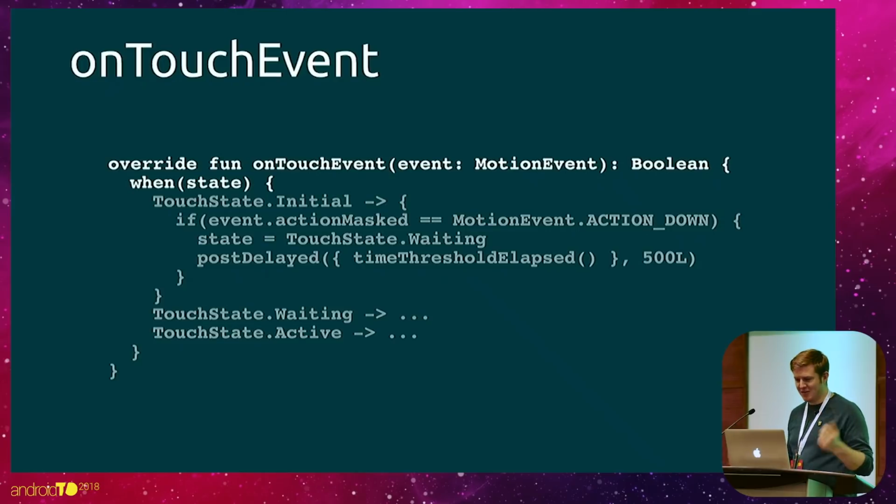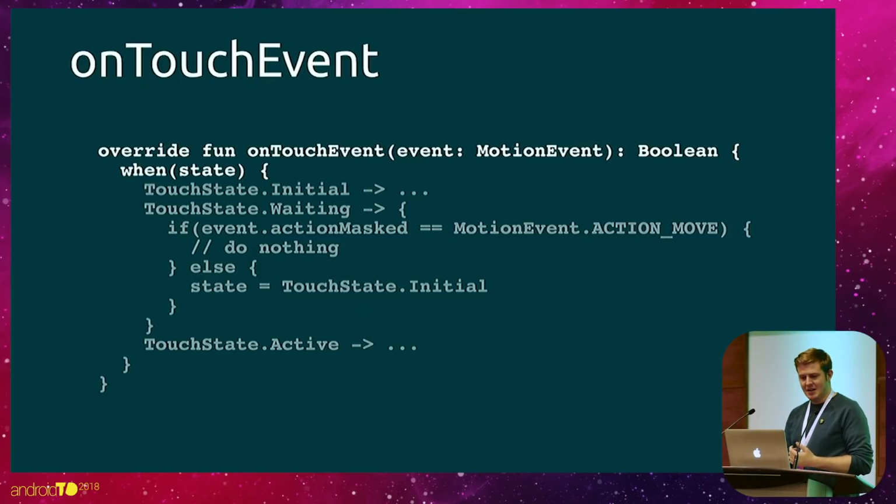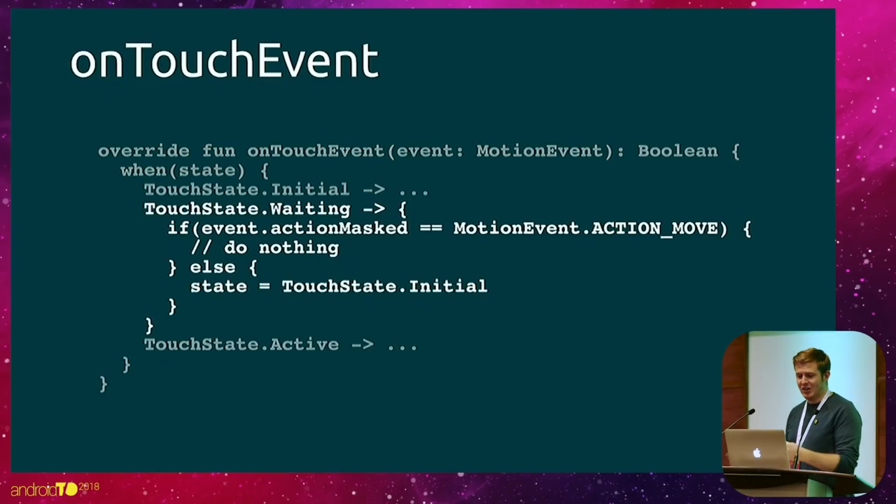So first things first, let's do the initial state. You're looking for that initial ACTION_DOWN. You then move the state forward to waiting, and you schedule a callback to animate in this slider. Great. Now we're in the waiting state.